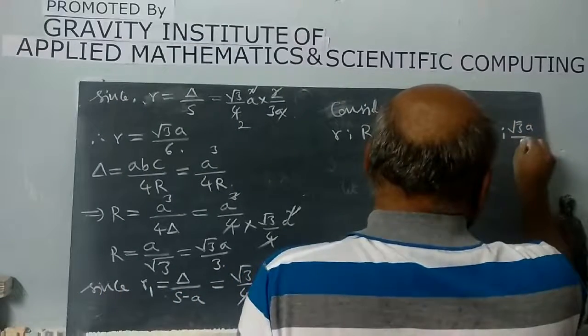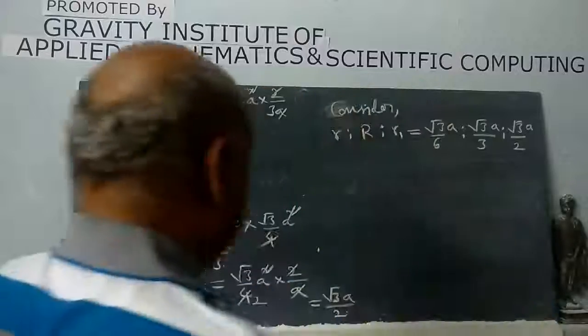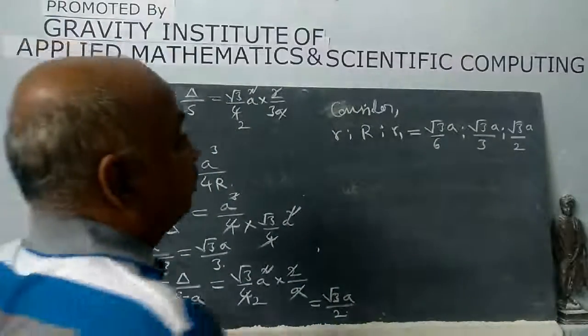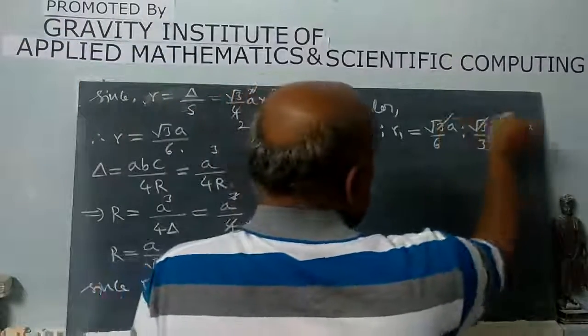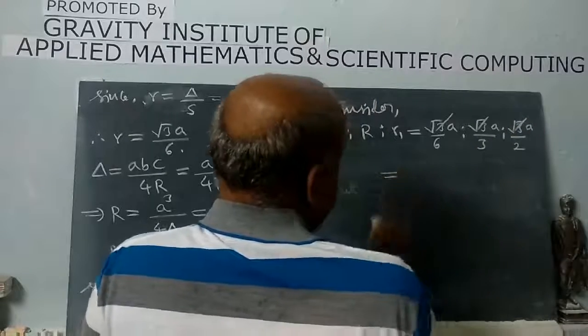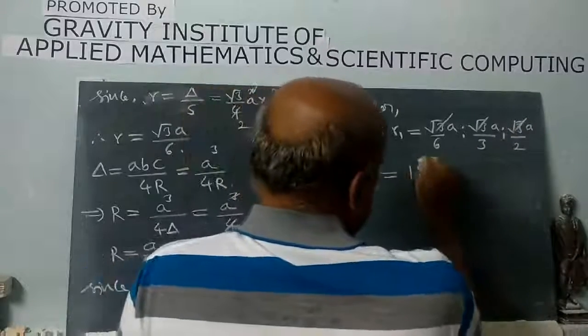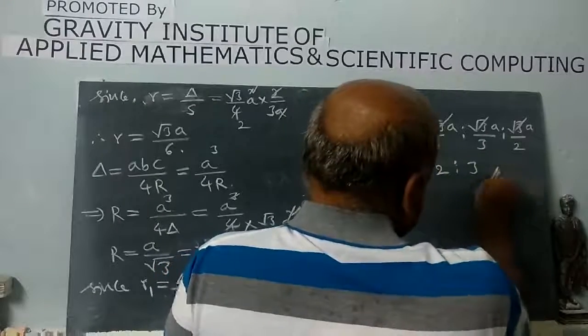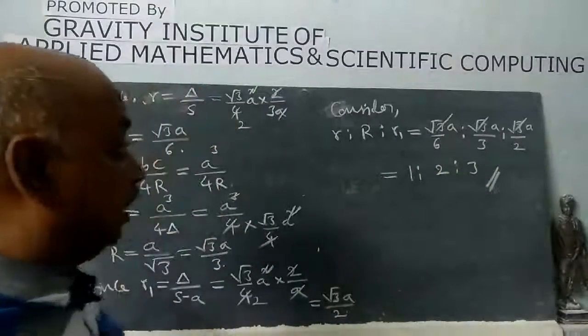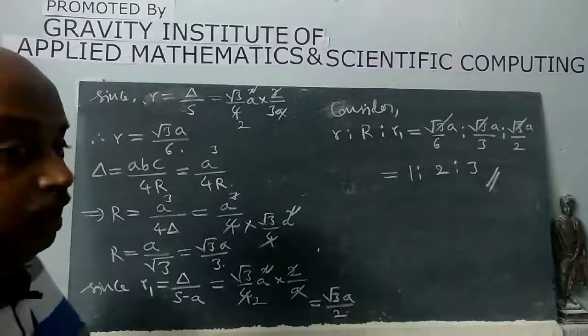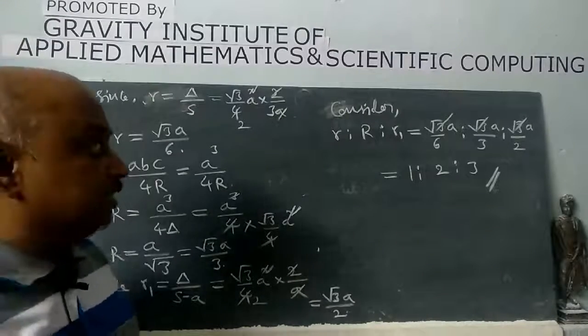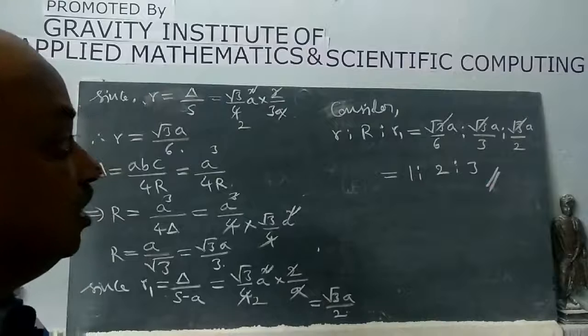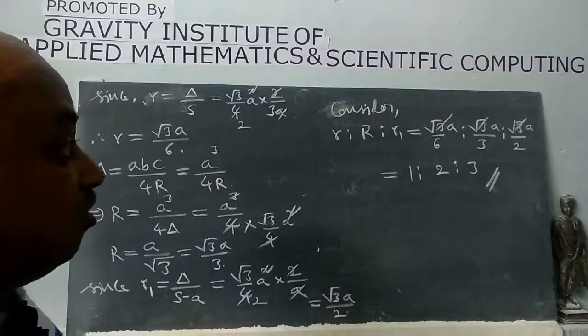Here root 3a gets cancelled, so this is equal to 1 is to 2 is to 3. So this is the ratio among the inradius, circumradius and exradius of an equilateral triangle.